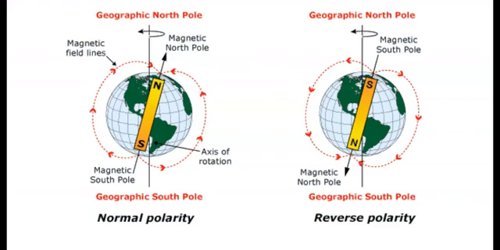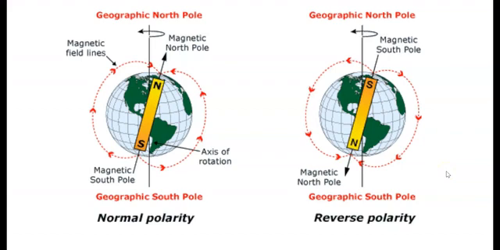And so in a normal polarity, which you see right here, north is north, so our magnetic north is north, and our magnetic south is south. However, about every 250,000 years, that polarity reverses, and the magnetic south pole is up here, and the magnetic north pole is down here.